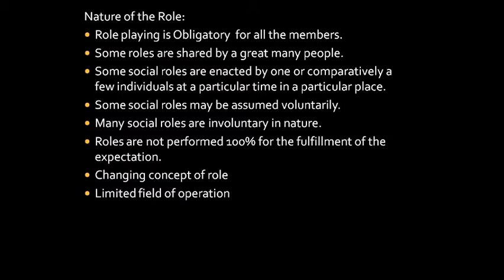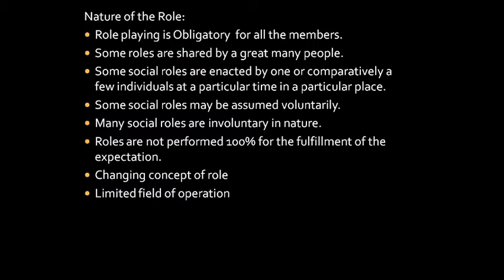Another point is, roles are not performed 100% for the fulfillment of the expectation. Of course, if an individual is living in a group, each and every individual within that group has certain expectations towards you. But it is not that everyone will fulfill them 100%.